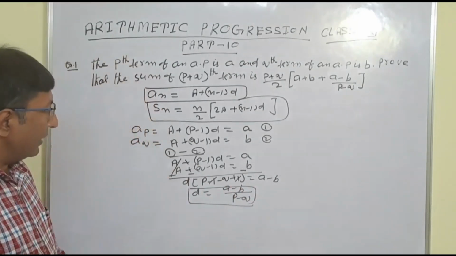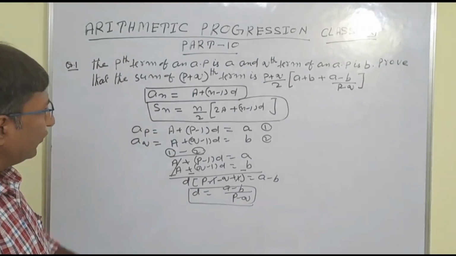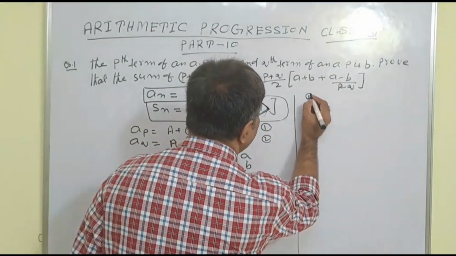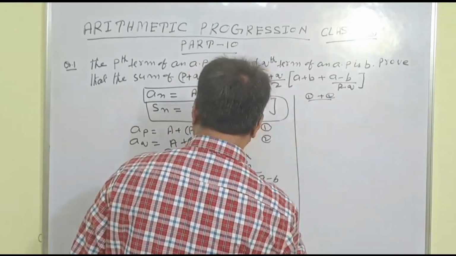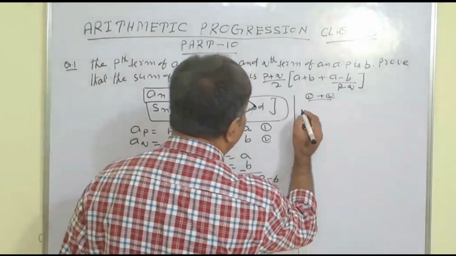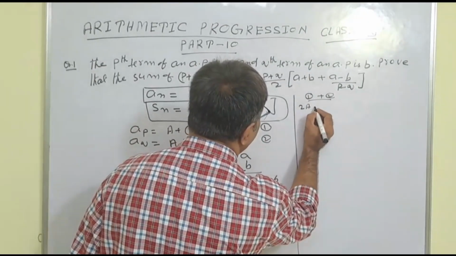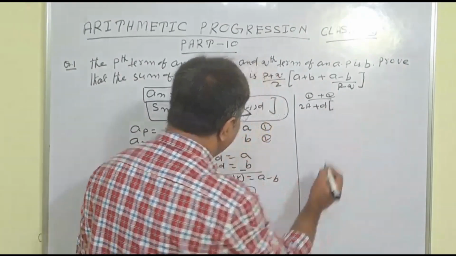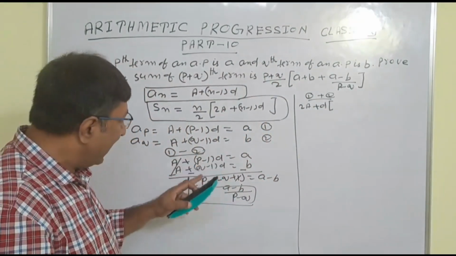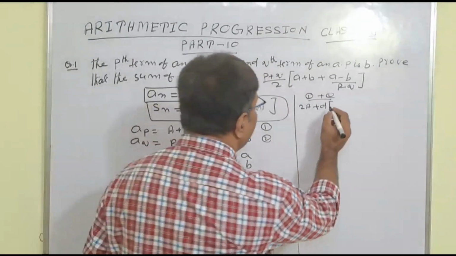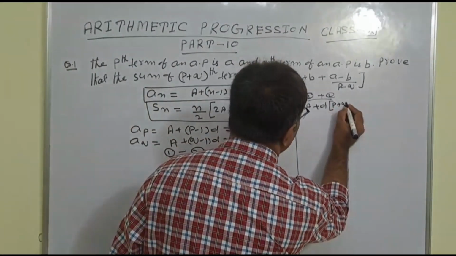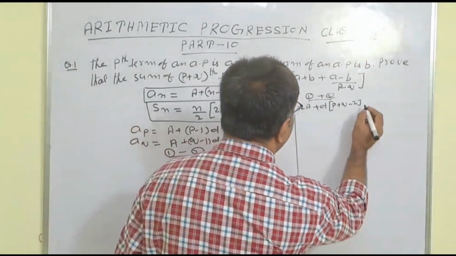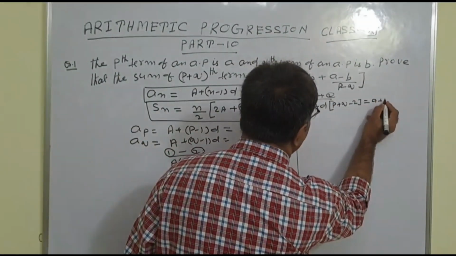Okay. Now if we add these two equations, that is equation first plus equation second, what do we get? a plus a is 2a, plus d common, so (p minus 1) plus (q minus 1). We can write easily p plus q minus 2, and this equals a plus b.